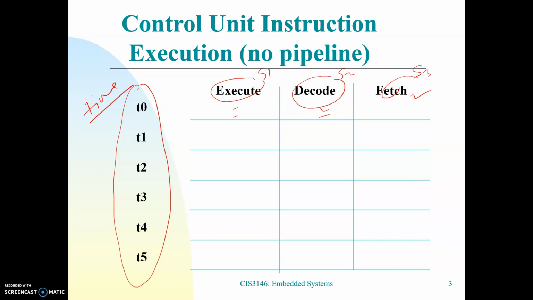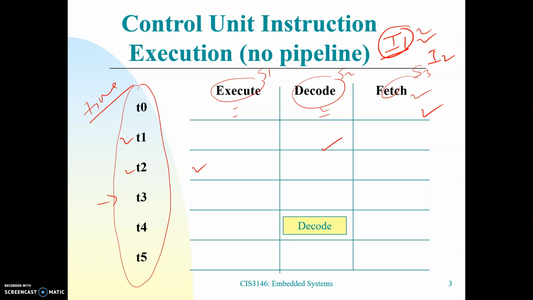Suppose I have instruction I1 and I would like to execute I1. What will happen? First of all, fetch the instruction. Then in stage number 2, at time T1, decode the instruction. Then at time T2, execute the instruction. So one instruction is completed now. Now for I2 this process will repeat at time T3.